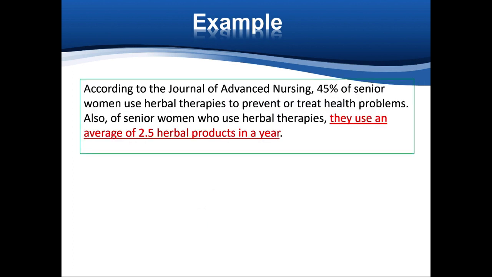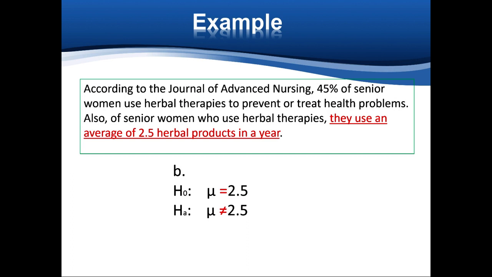The second sentence: of senior women who use herbal therapies, they use an average of 2.5 herbal products in a year. In this claim, it seems no keyword like more than or smaller than, so it should be the third case, not equal case.